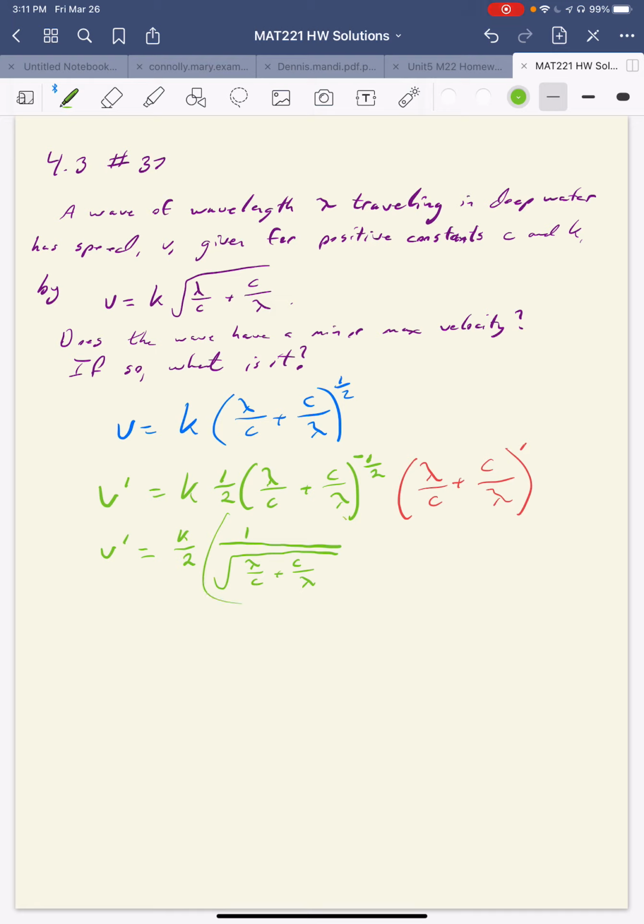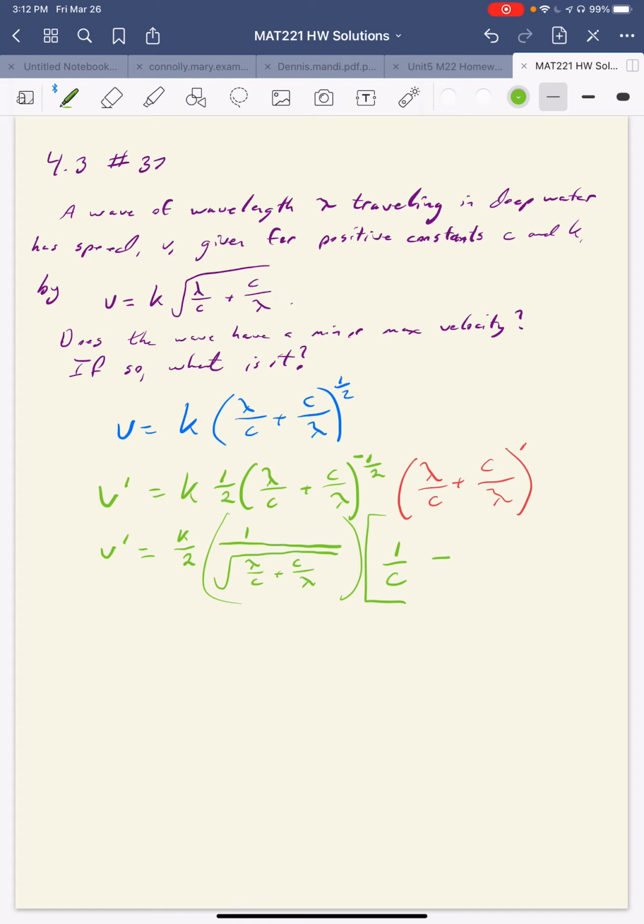And that is all times this term here, which is the derivative of lambda over c, which is simply 1 over c. And then I subtract from that the derivative of c over lambda.